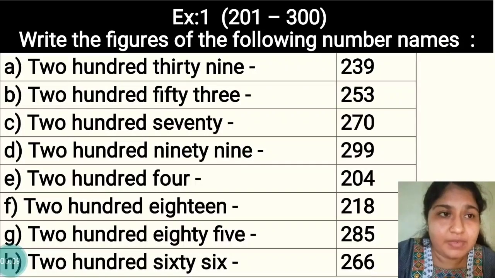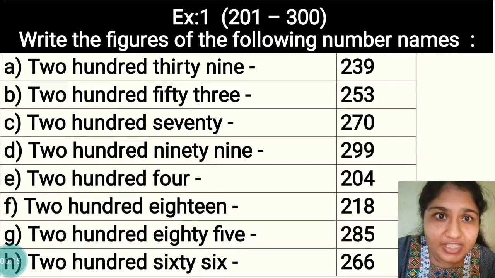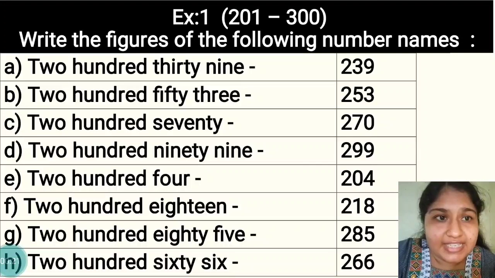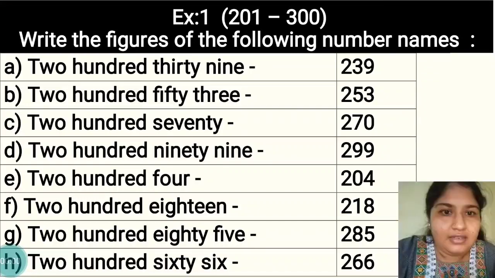239, that means it is 239. 253, that means it is 253. 270, that means it is 270. 299, that means it is 299. 204, that means 204. 218, that means 218. 285, that is 285.